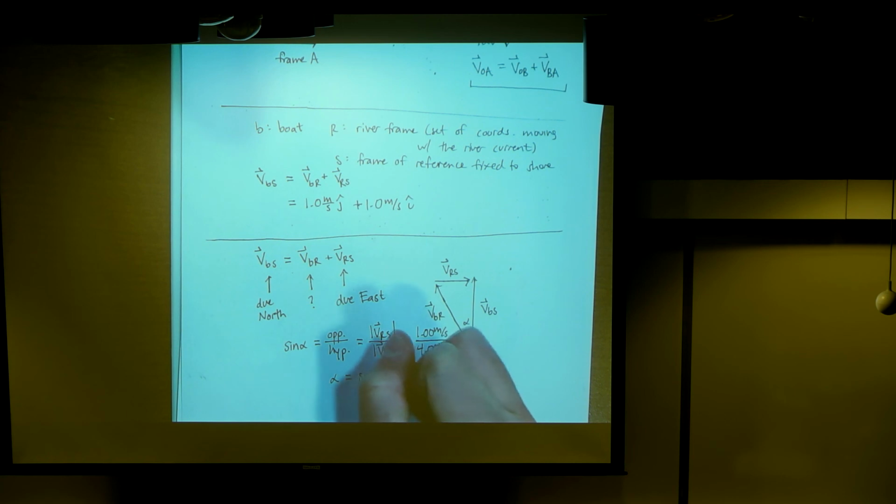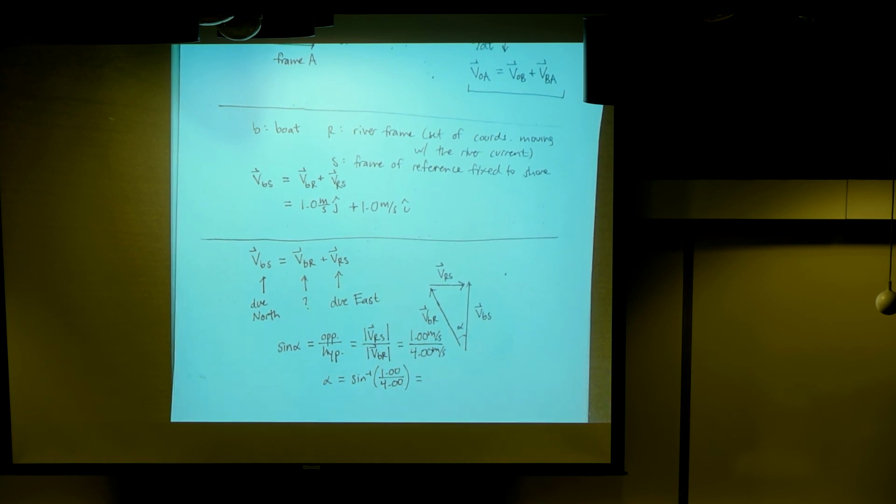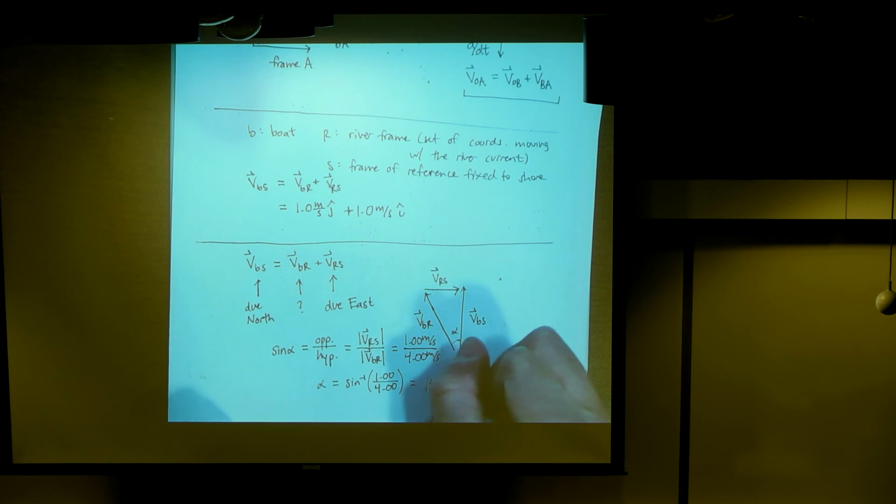So if I want to find out what alpha is, I'm taking the inverse sine of 1 over 4, right? And what does that give me? Inverse sine of 1 over 4. Yeah, so it's 14.5 degrees.